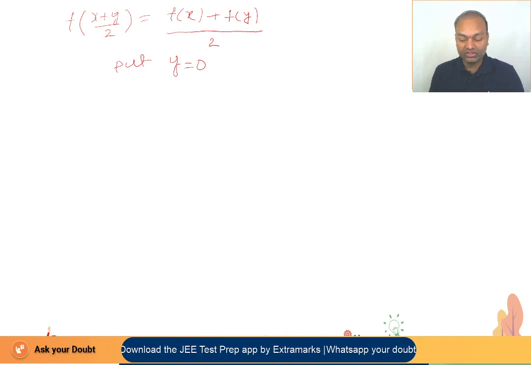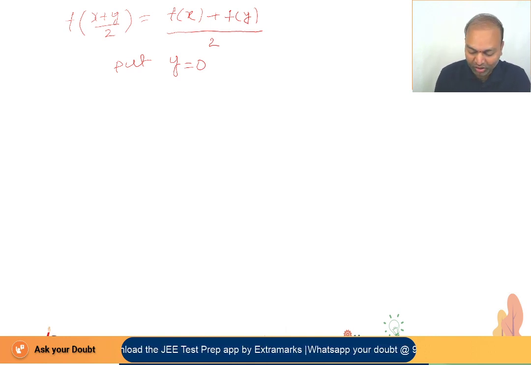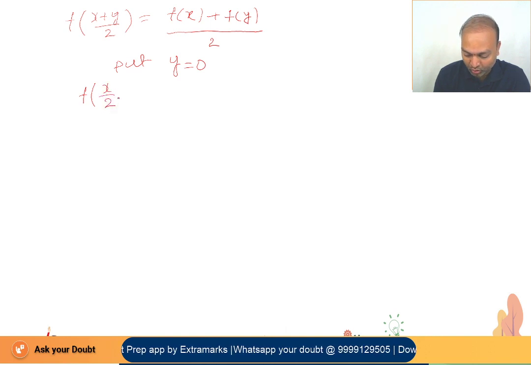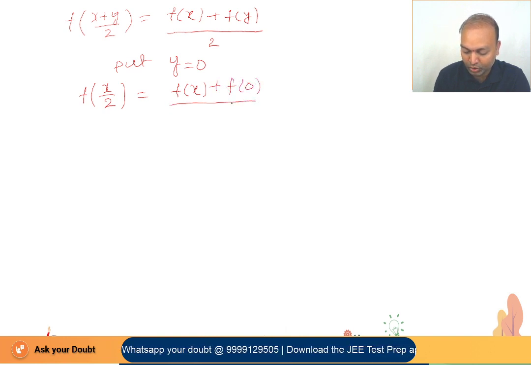What will happen? y equal to 0 means f of x by 2 is equal to f of x plus f of 0, by 2.